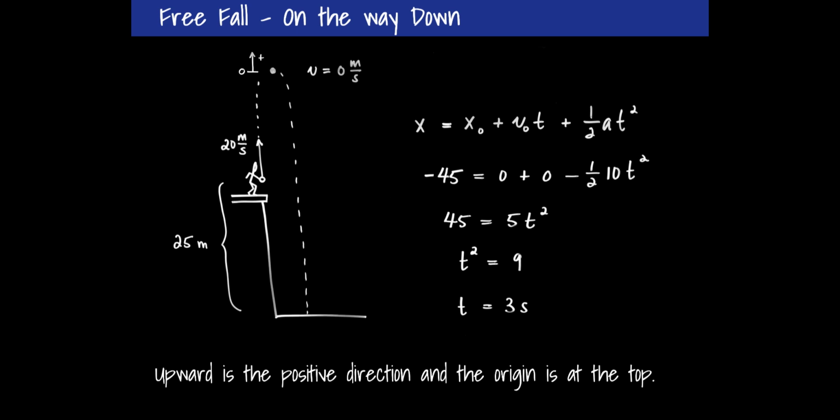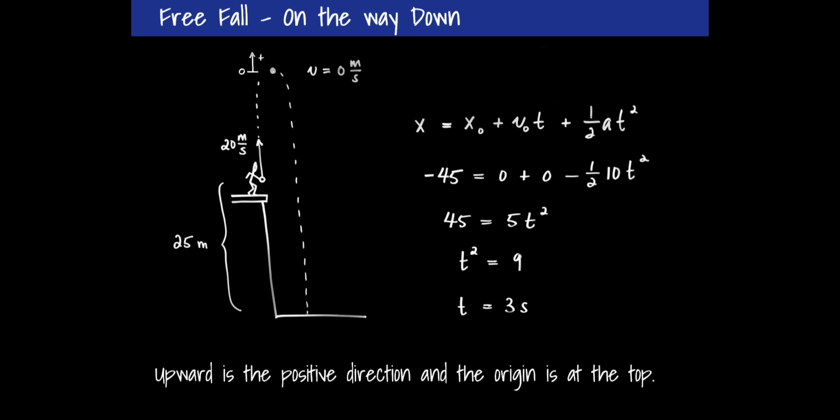Why negative? It's important. You don't want to be the physics student who just plugs numbers in wherever without thinking. Why did I put that as negative 45? The reason is simple. If the ball starts out at 0 here at the top of the motion and upward is the positive direction, when it goes downward, it's going into negative positions.